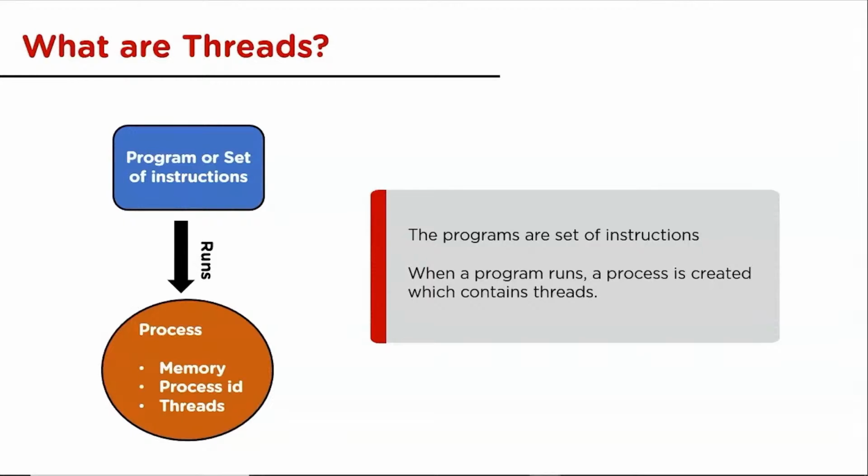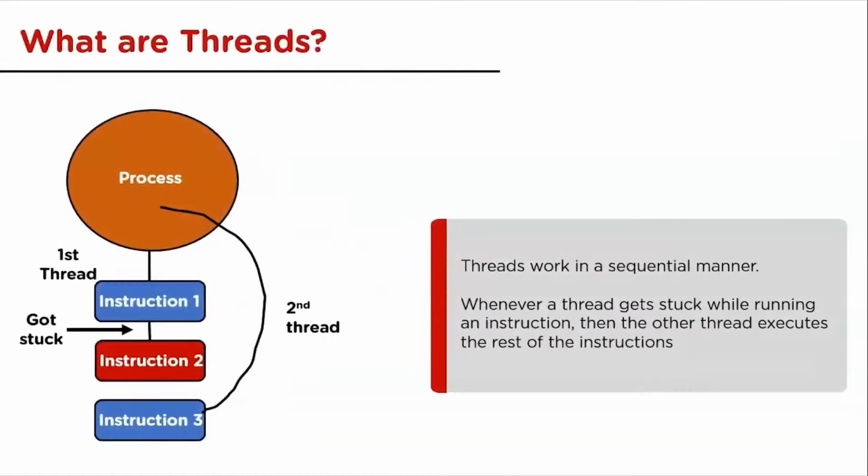Every process has at least one thread or more. Threads help with high performance applications and they work in a sequential order, one after the other. Whenever a thread gets stuck while running an instruction, the other thread executes the rest of the instructions.